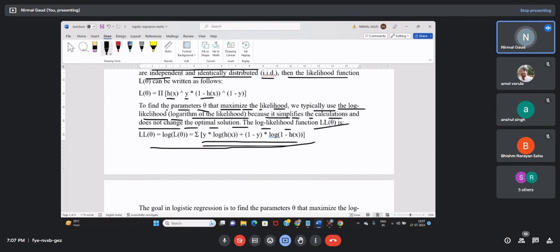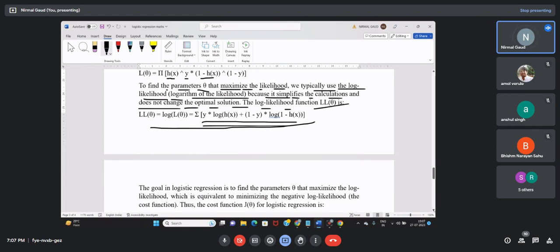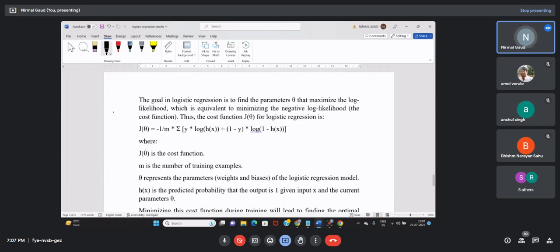Okay, so what is the next statement telling us? The goal of logistic regression is to find the parameters theta that maximize the log likelihood, which is equivalent to minimizing the negative log likelihood. They took a negative log here, and they use minus 1 upon m.